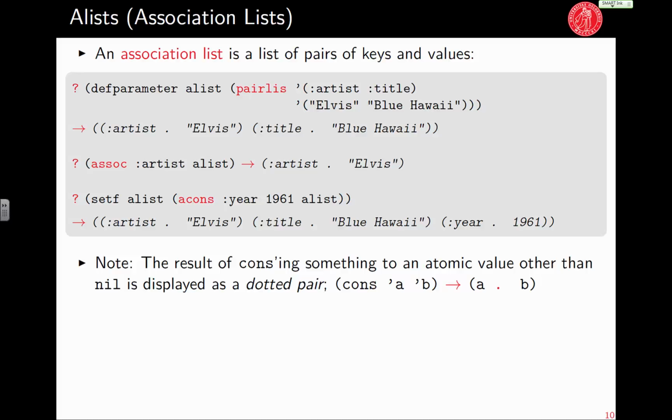The rest of the first is the second. The first of the first is A. The first of the second is B. The rest of the second is nil. We often draw that like this. So this is a list containing A and B. It actually uses 2 cons cells.